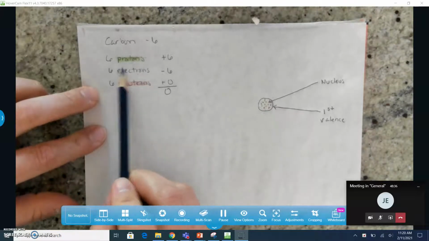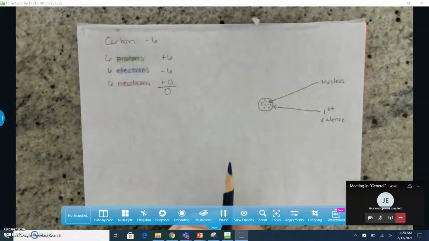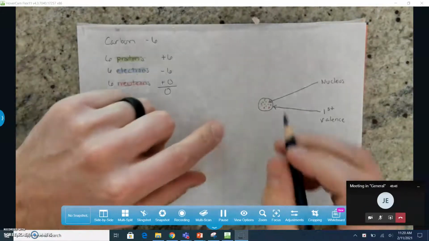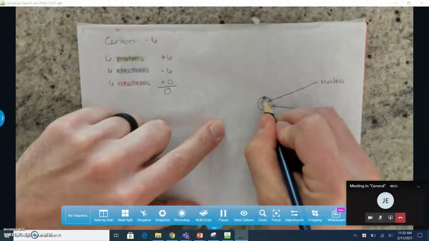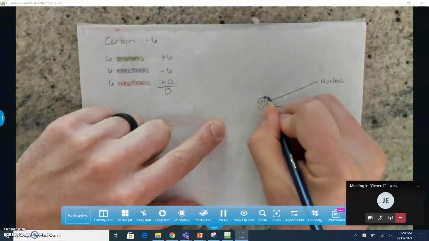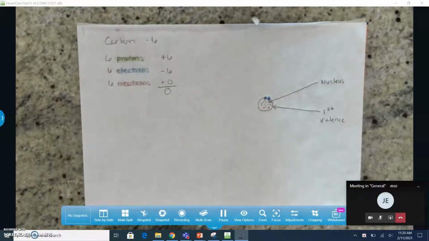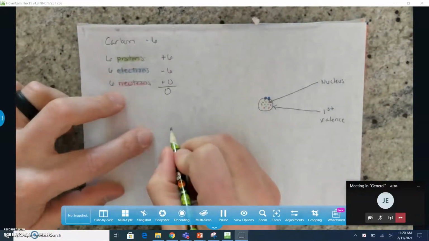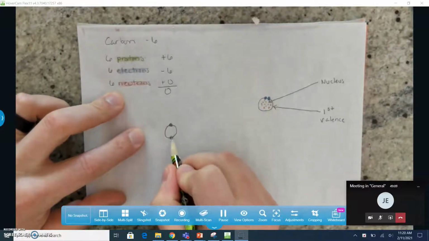I'm going to use blue to represent my electrons, and I'm going to draw them a little bit bigger just for illustration purposes. They're actually way smaller than the protons and the neutrons. I draw my first one here, and I'm going to draw my second one right next to it. You may see it elsewhere where in your first valence shell, you have 1 electron up here and 1 down here.